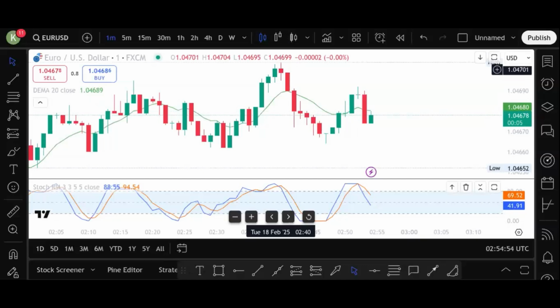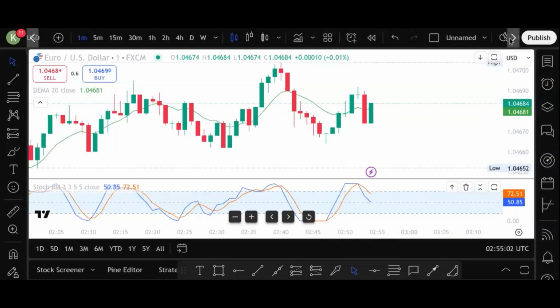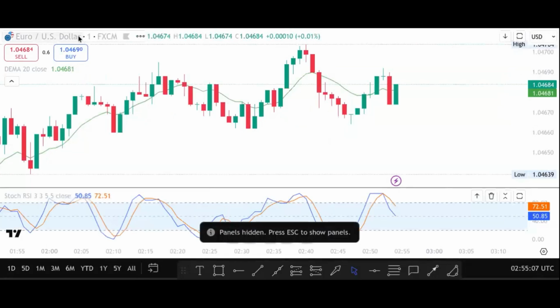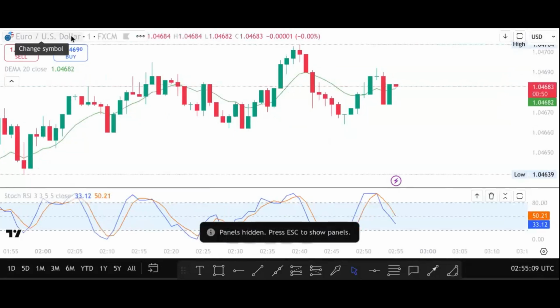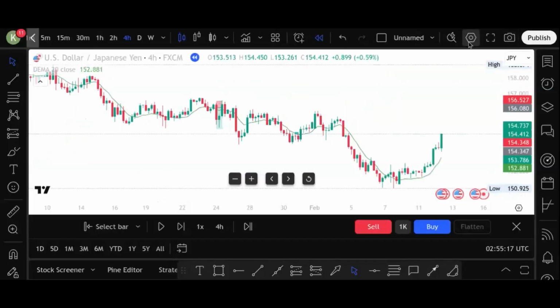Now, day trading. If you're day trading, it simply means that you're going to either be on your 15-minute or your 30-minute time frame for entry opportunities. Okay? For entry opportunities, it simply means that you're going to be on, let me switch on over, your daily time frame. Okay? So, let's have a look.